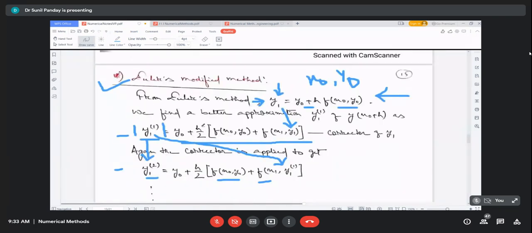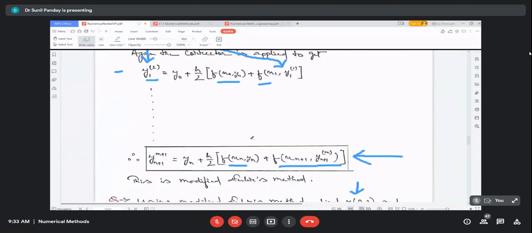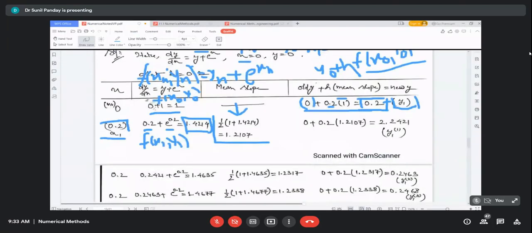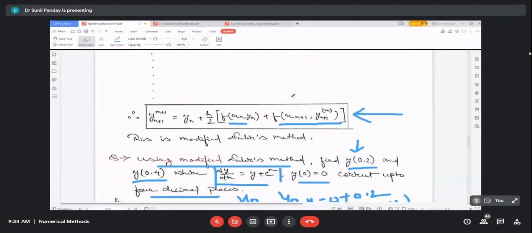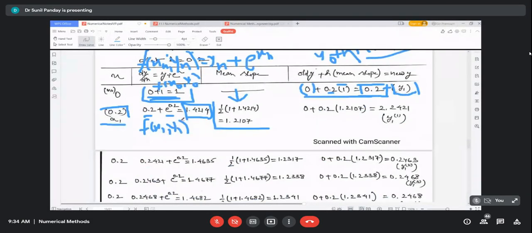It is h by 2 times f of x naught y naught. So f of x naught y naught we will take from this step, and then we use f of x1 y1, which we will get from here. We have to add these two and then divide by 2.